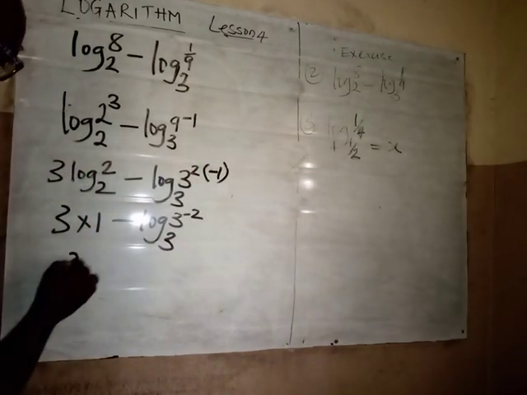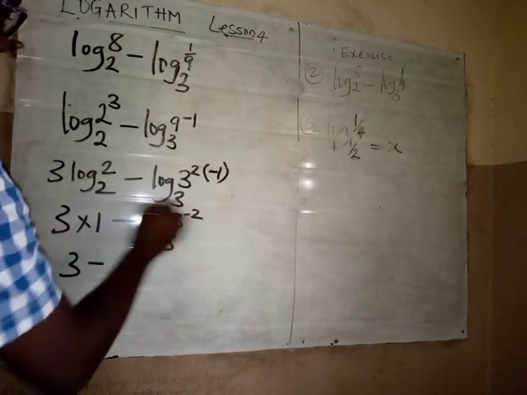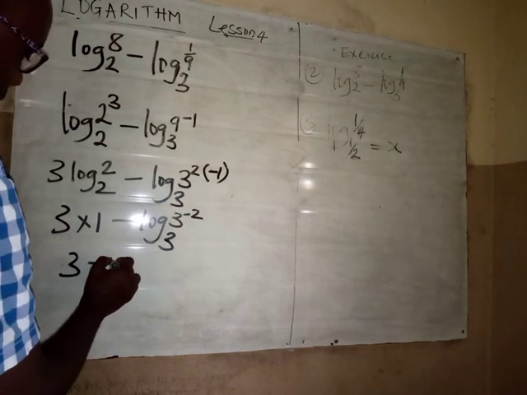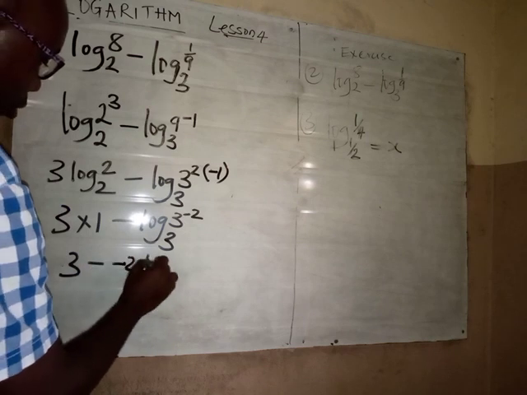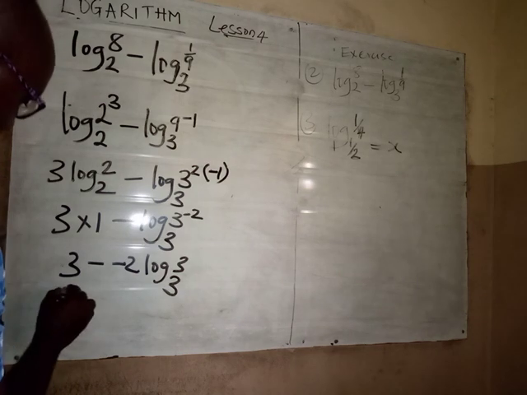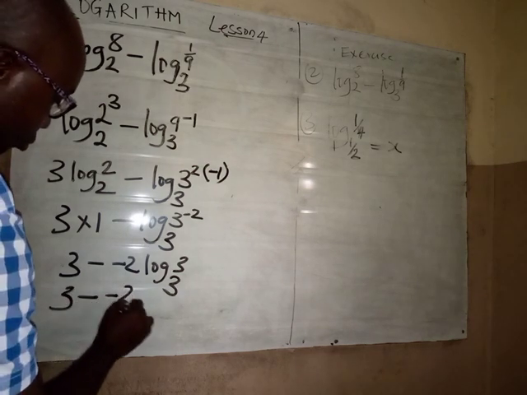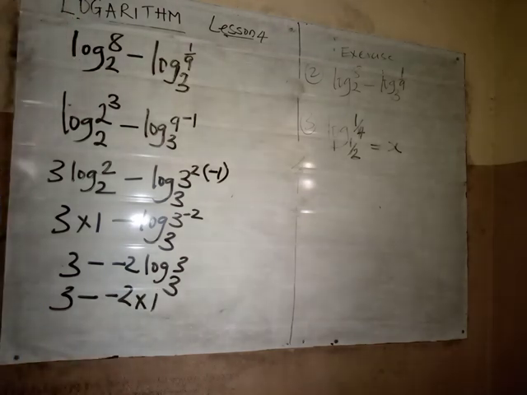What we have is 3 minus, the power comes down, minus 2 log 3 base 3.